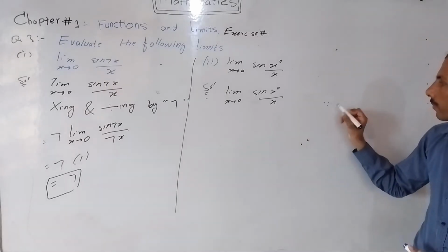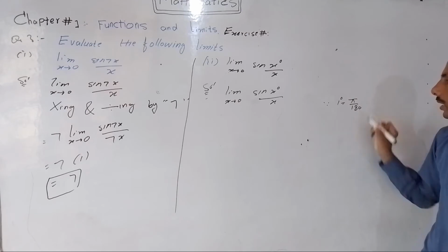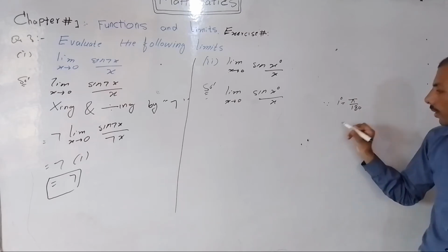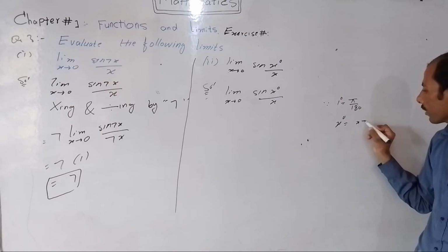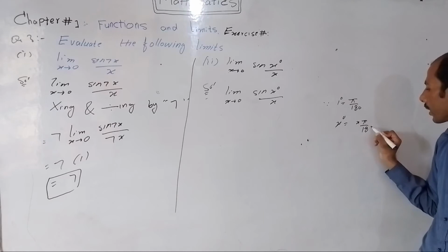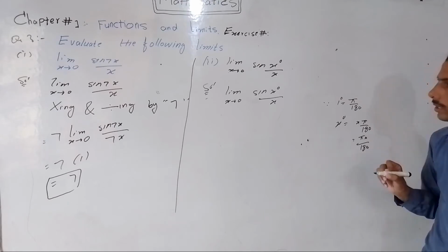Since 1 degree is equal to pi divided by 180, x degree is equal to x pi divided by 180, which is pi x divided by 180.